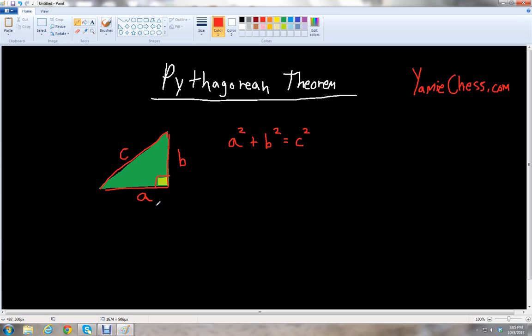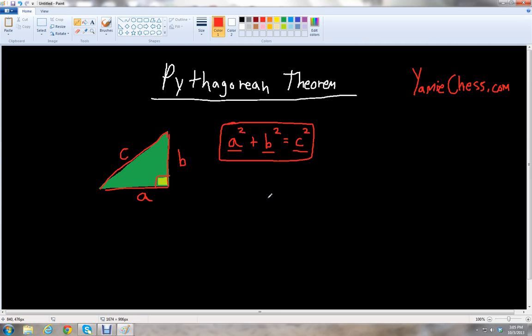He discovered that the sum of the squares of the legs, a squared plus b squared, is equal to the square of the hypotenuse, c squared. So a squared plus b squared equals c squared.